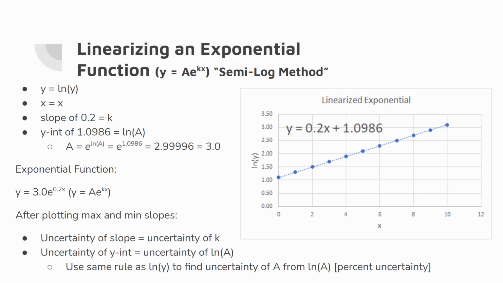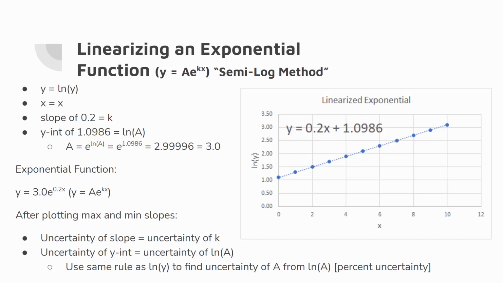Of course, as we've discussed, these parameters represent something in the real world. They are based on measured values that have uncertainty, and so these parameters themselves have uncertainty. After you plot the maximum fit and the minimum fit based on your error bars that you have on this graph of ln y versus x, the uncertainty of your slope, which is half of the difference between the maximum slope and the minimum slope, that is the maximum slope minus the minimum slope divided by 2, that uncertainty is the uncertainty in your k parameter.